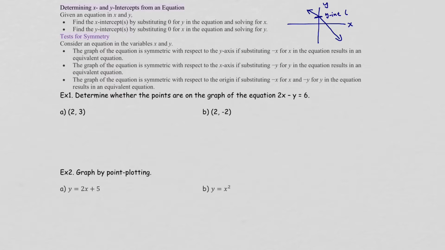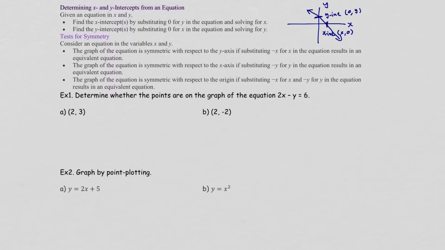And your x value for the y-intercept will always be 0 and whatever that y value is. This one right here, when the graph touches the x-axis, we call that the x-intercept. And for the x-intercept, y will always equal 0.